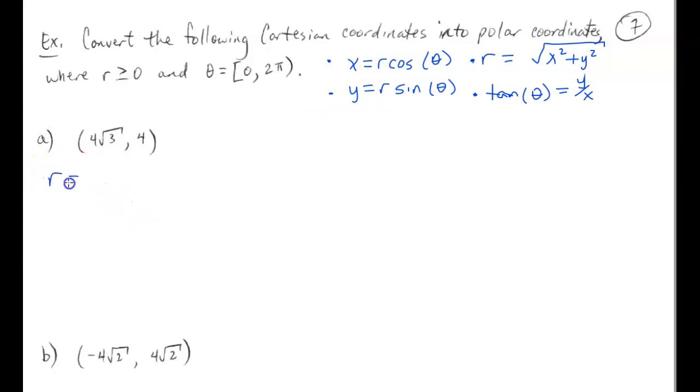So we're here. And so all I really need to do is just take whatever x and y are here. The x coordinate is 4 times square root of 3. The y coordinate is 4. So we're going to take these and square them.